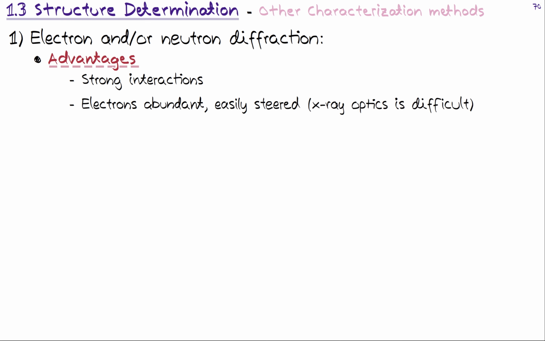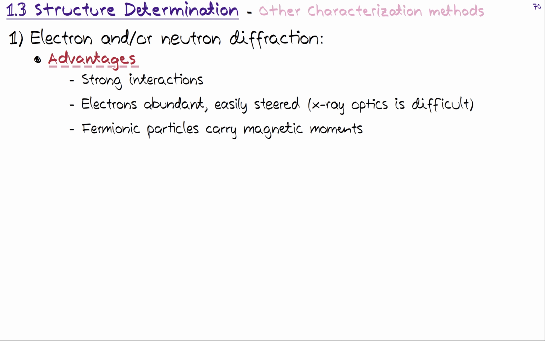This is in comparison with X-ray optics or X-ray diffraction experiments, where it's not that easy to focus and guide X-rays into different locations. So with electrons it's quite easy to control the flow and steer them, but X-rays are not that easy to steer, and neither is that the case for neutrons.